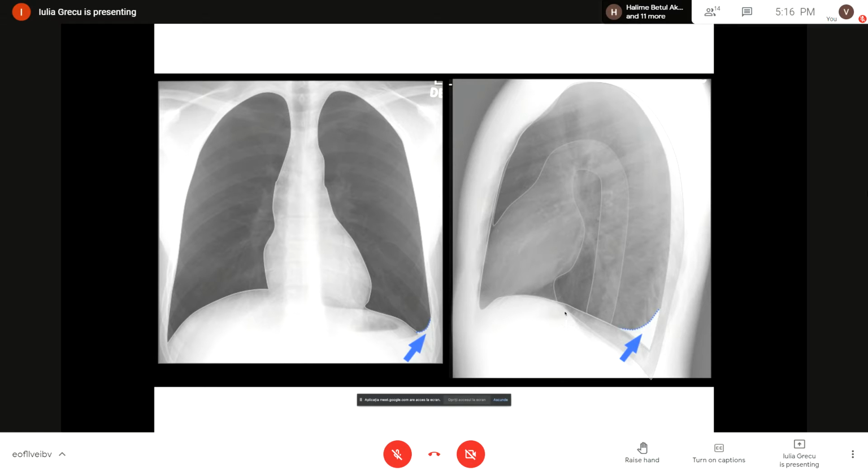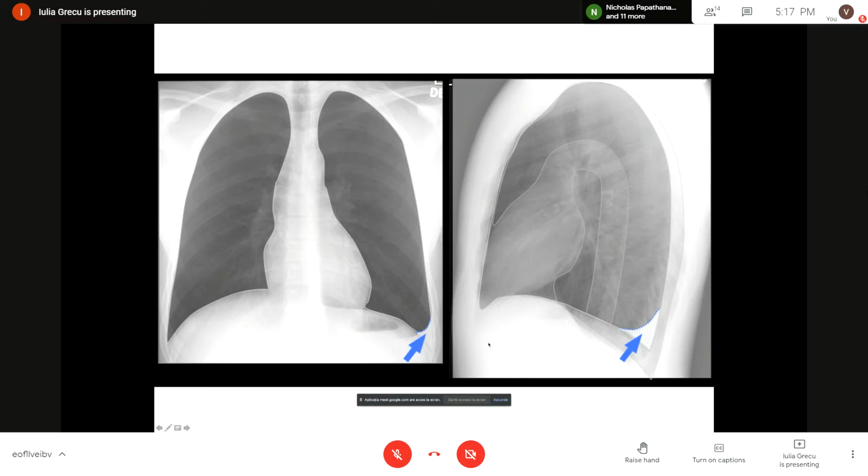So posterior and anteroposterior films are quite insensitive to small amounts of pleural liquid. It takes about 250 milliliters of fluid so that we can see the pleural effusion on a chest X-ray.